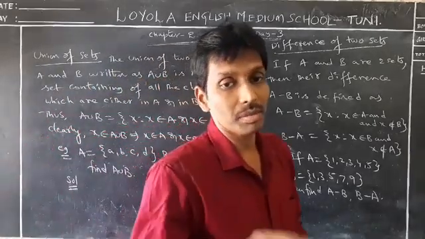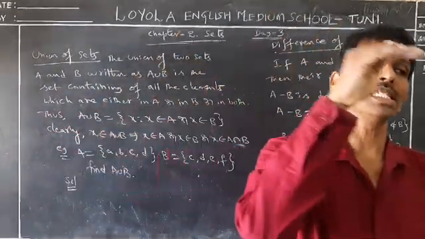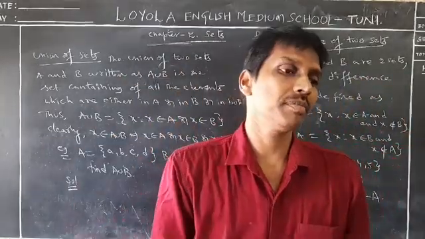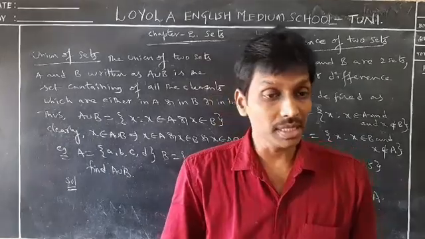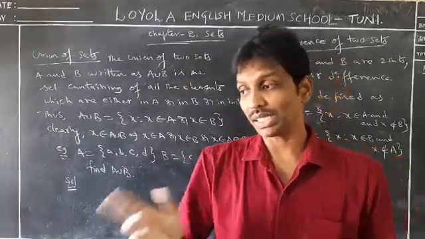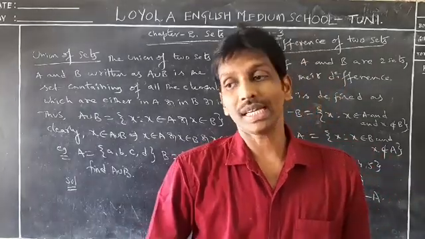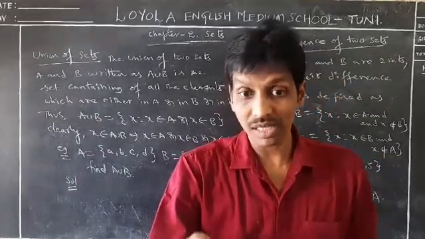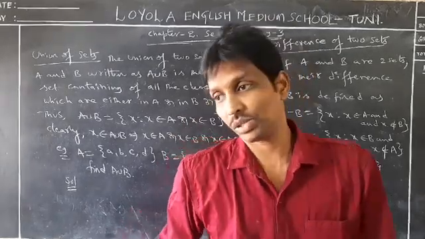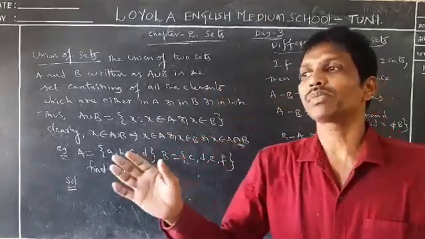For example, some elements are present in only the set A. Some elements are present in only the set B. But some elements are present in both the sets A and B. Even though some elements are present in both sets, the common elements we consider only one time. We don't want to write them two times. So we combine all the elements from both the sets.